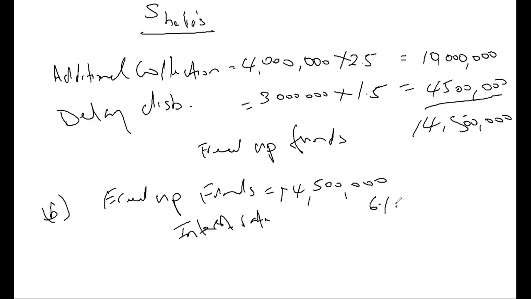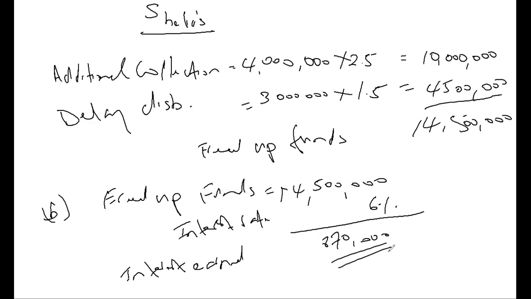Agree? Yeah. So we have interest earned on the investment. So the interest on freed up funds, 870,000. All right. The interest earned would be 870,000. There you go.